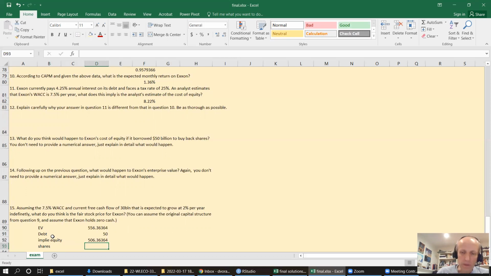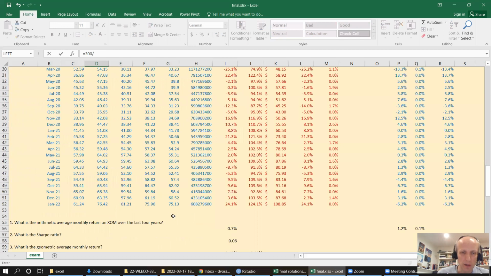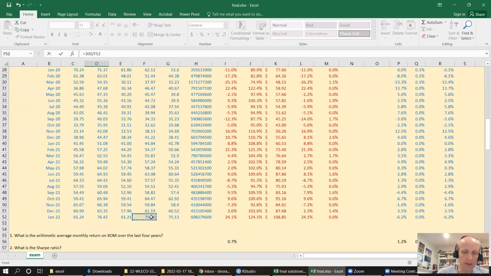How many shares outstanding? Well, we know that the current market cap is 300 billion, and we know that the current share price is 75.